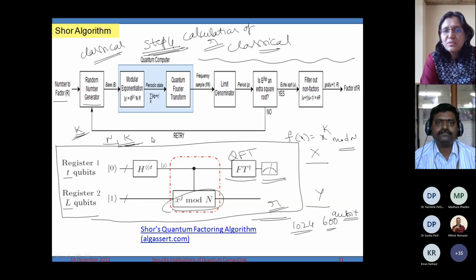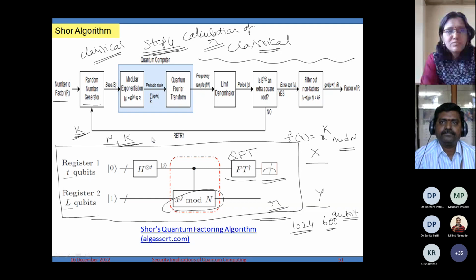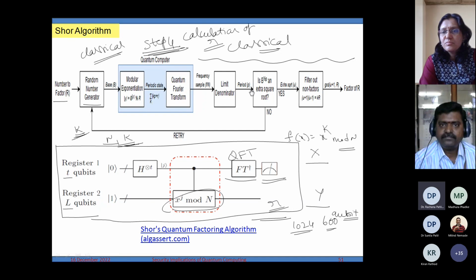Any other questions, participants? Hello, good afternoon, sir. I have one question. How will these quantum computers affect a bilinear pairing-based cryptographic system? Can you please repeat, madam? Bilinear pairing-based cryptography.